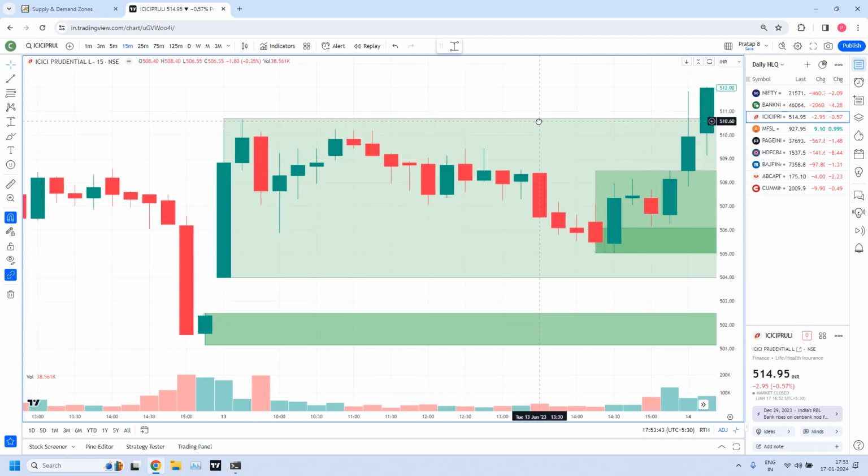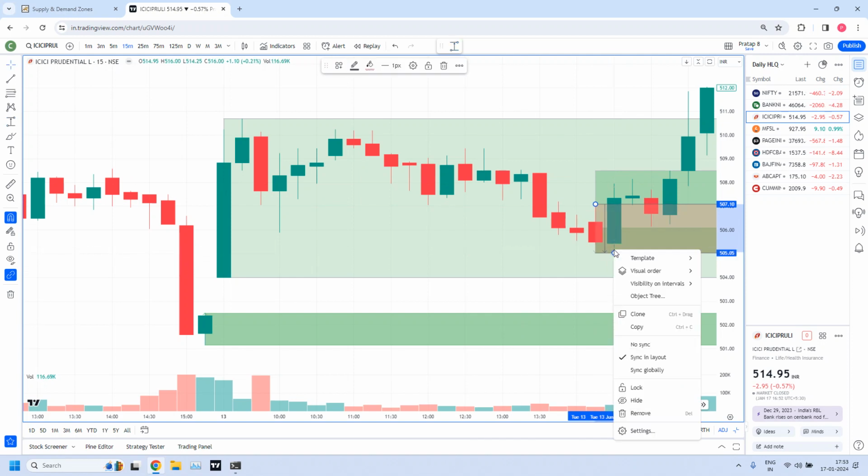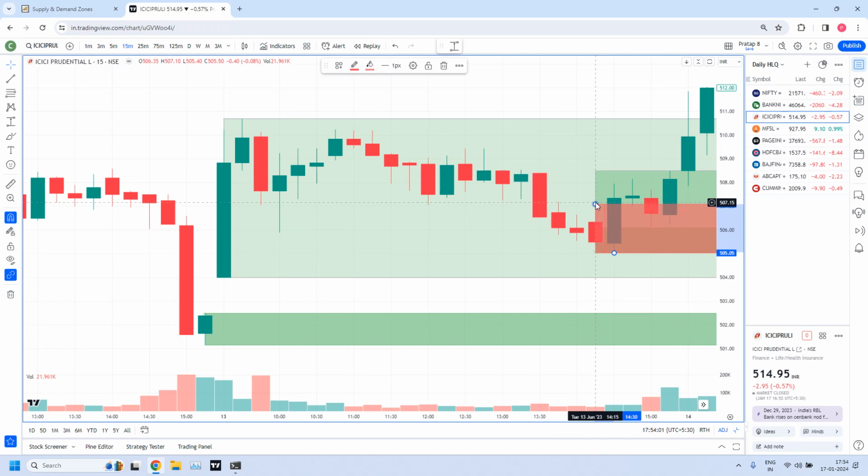So inside the 75 minutes, we identified again a drop, 3 base candles and a rally candle. So you can draw a zone like this. Sorry, demand zone. We can draw a 15 minute zone.